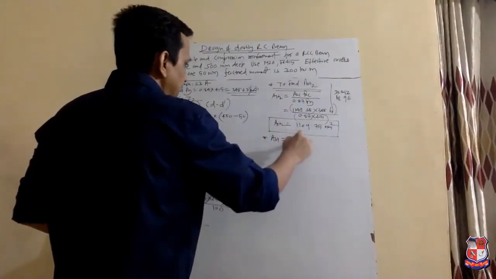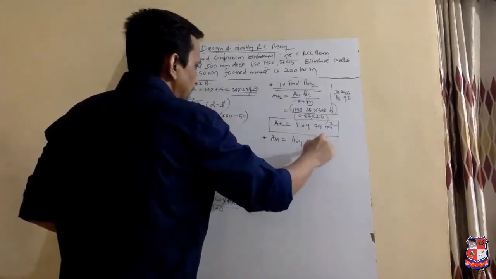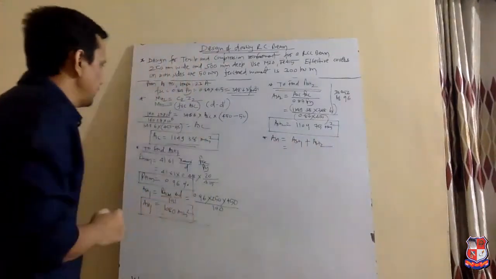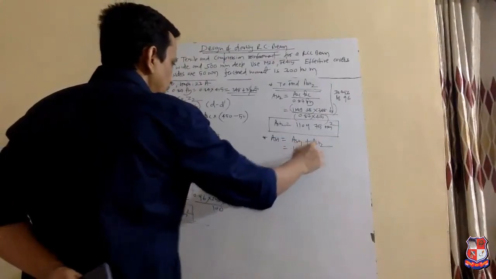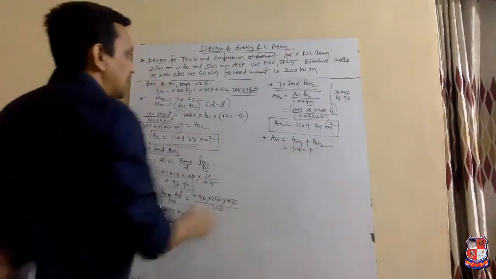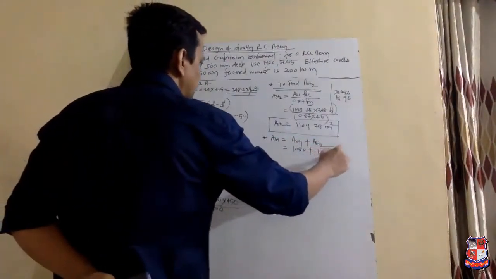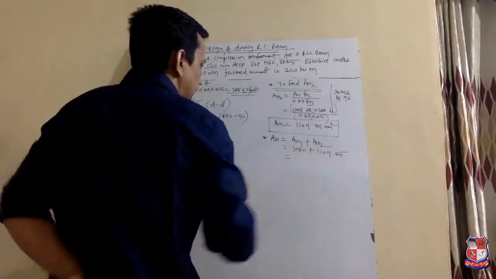Finally, AST equal to AST1 plus AST2, is equal to AST1 we have 1080 plus AST2, 1109.75.